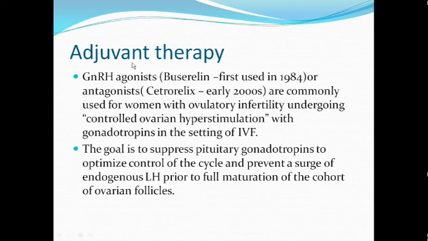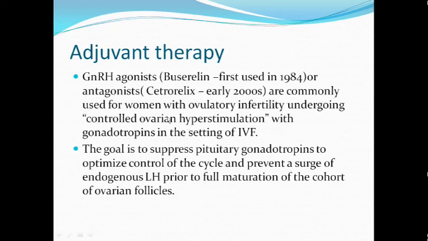So GnRH agonist, GnRH being released by the hypothalamus, like buserelin, goserelin, nafarelin, or antagonist cetrorelix, are commonly used for women with ovulatory infertility undergoing controlled ovarian hyperstimulation with gonadotropins in the setting of IVF.